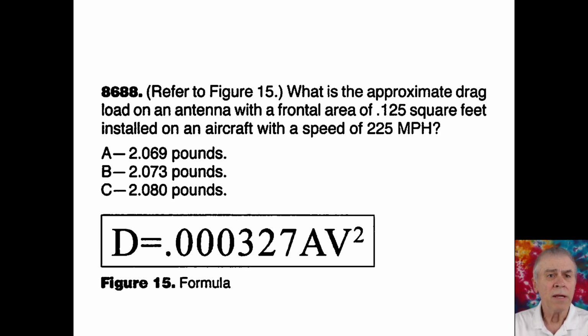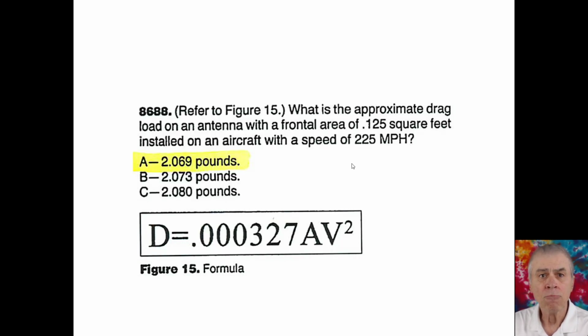Then the final multiplication is times 0.000327. That's going to knock the 6,300 down quite a bit, to 2.06929. It looks like it would agree with answer A. So basically you work through the formula.